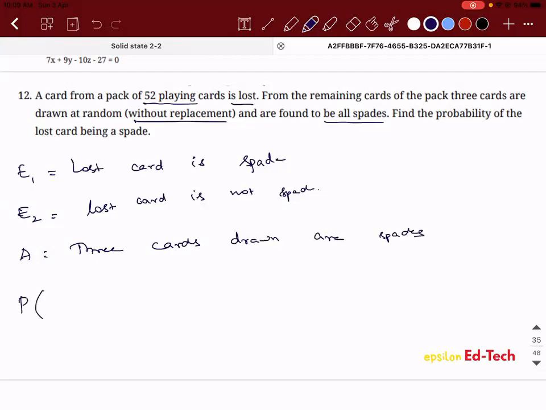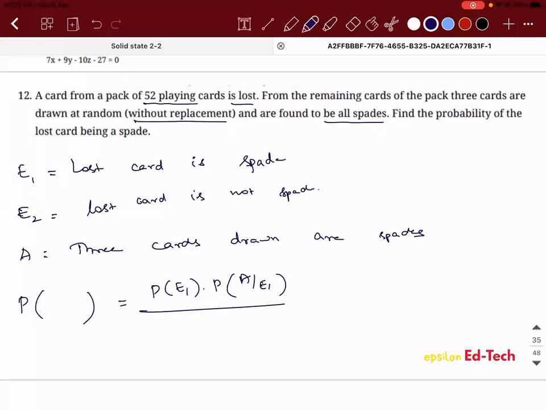So what are they asking? Probability of A given E1 is equal to, according to Bayes' theorem, what is it? Sorry, I made a mistake. It is the probability of E1 given A that they are asking.